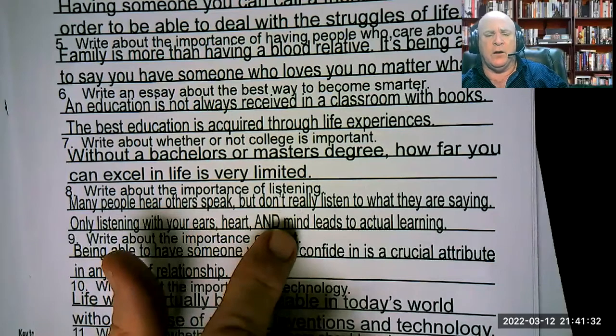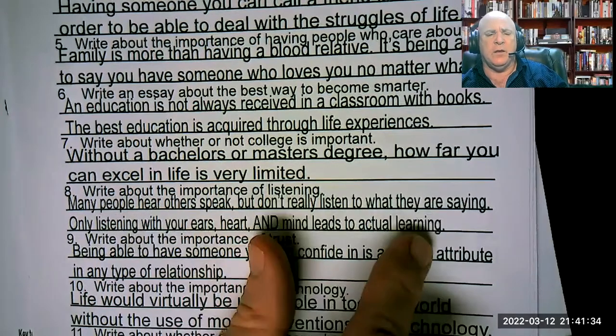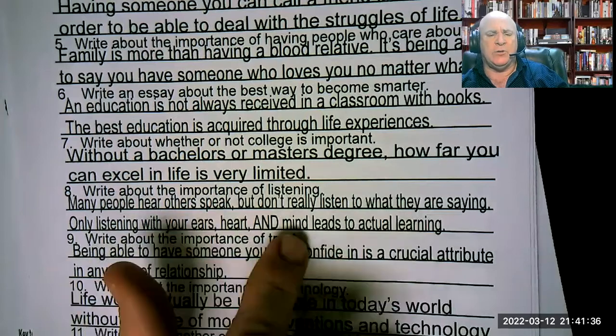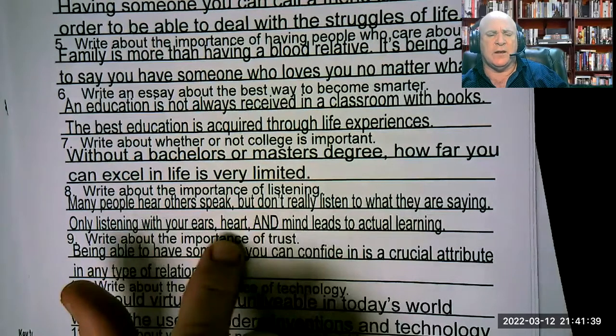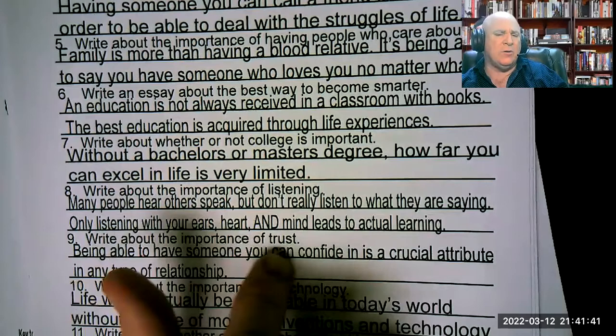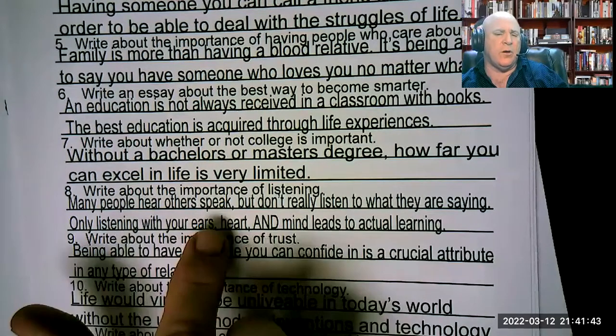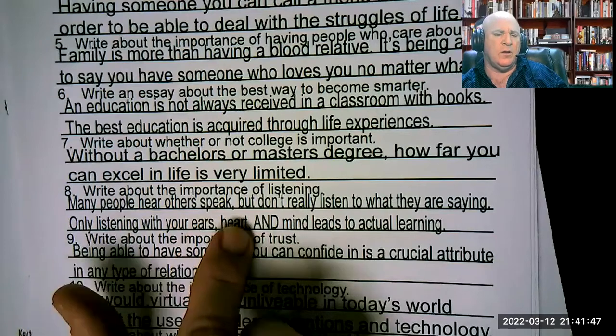But the harder part is going to be making them relate to each other. What's the connection? How does listening with your heart connect to listening with your ears?